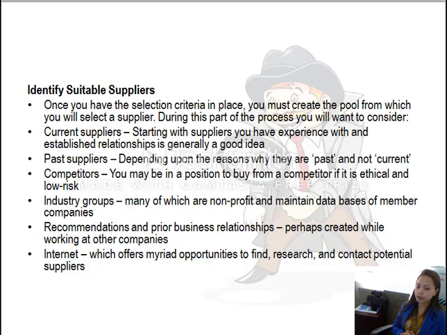During this part of the process, you would want to consider the current suppliers, starting with suppliers that we have experience with and have established relationships with, which are generally a good idea. Past suppliers, depending upon the reasons why they are past and not current. Competitors, we may be in a position to buy from a competitor if it is ethical and low risk.